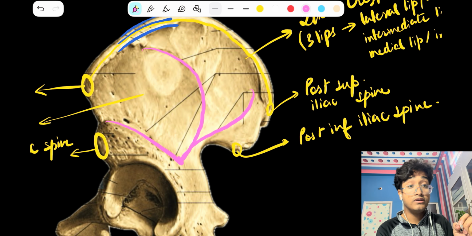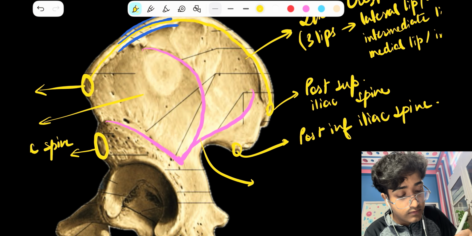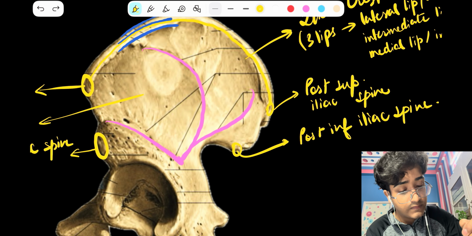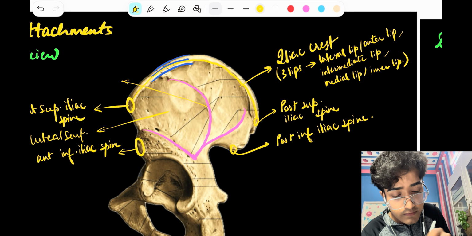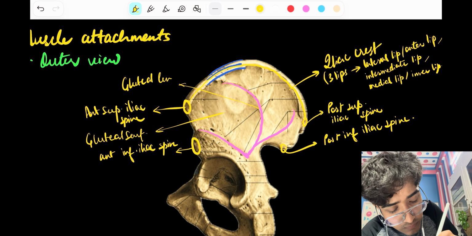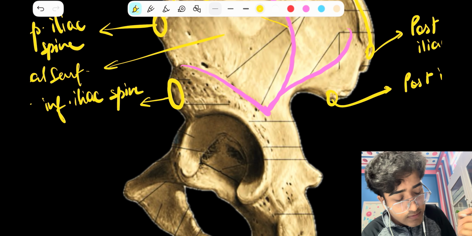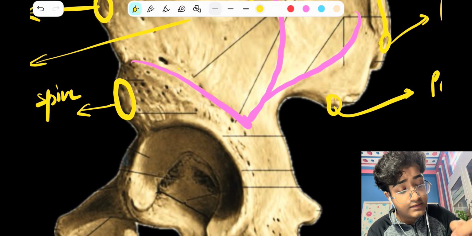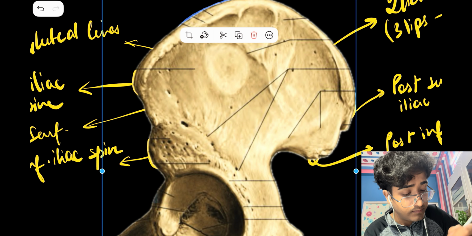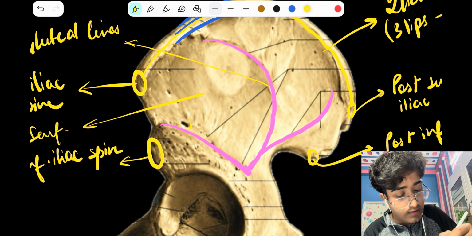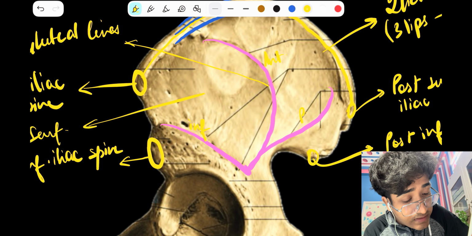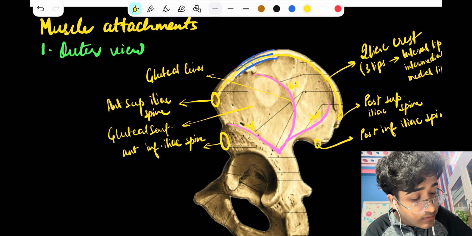These lines are known as the gluteal lines. These three lines are named the inferior gluteal line, anterior gluteal line, and posterior gluteal line.